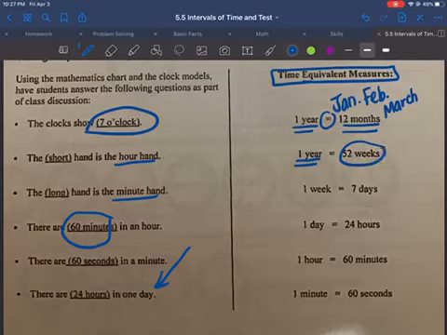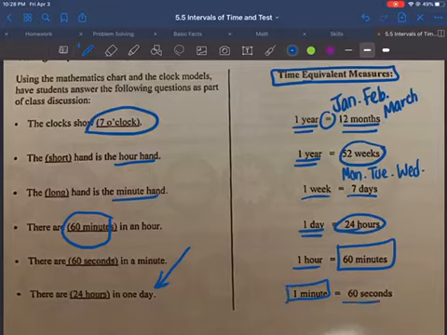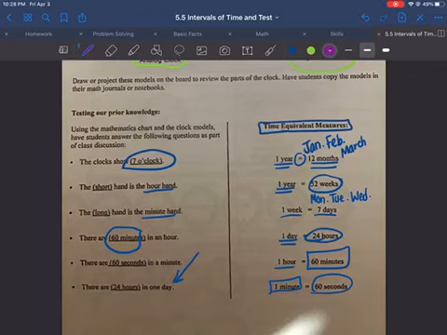In 1 year, there's also 52 weeks. 1 week has 7 days: Monday, Tuesday, Wednesday, Thursday, Friday, Saturday, Sunday. 1 day has 24 hours. 1 hour has 60 minutes. And 1 minute is the same thing as 60 seconds.